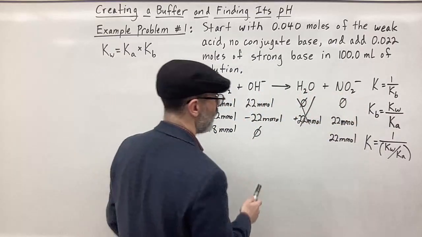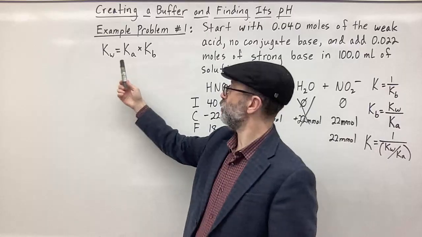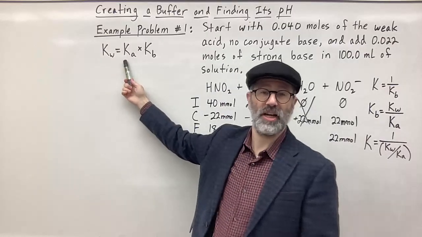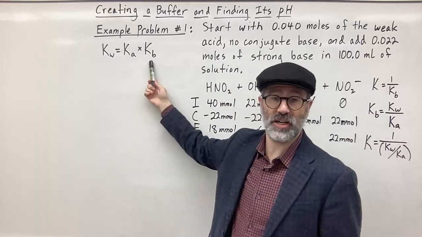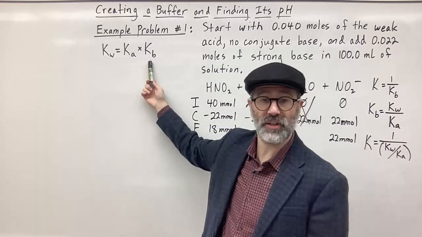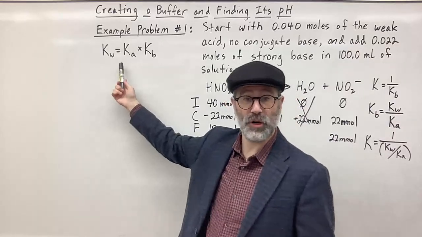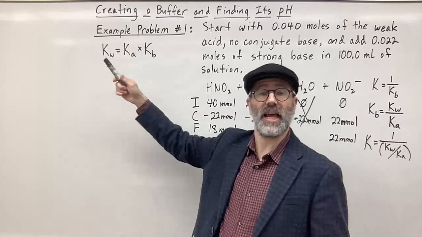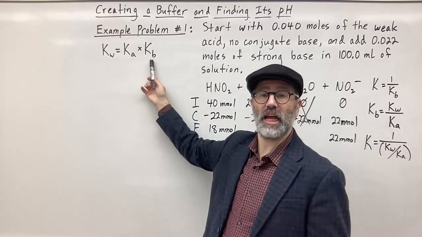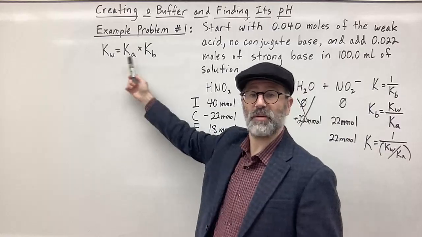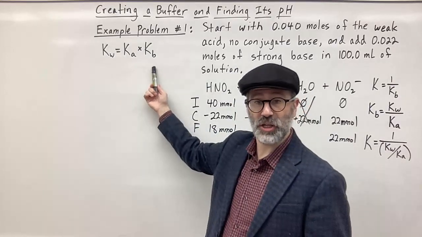Okay, so then if we also remember that Kw is equal to the dissociation constant for an acid, your Ka, multiplied by the dissociation constant of the conjugate base, the Kb, right? So these are related to each other by the weak acid and its conjugate base.